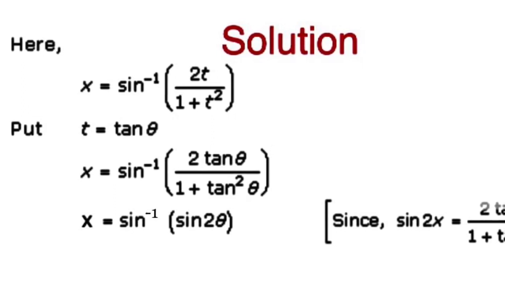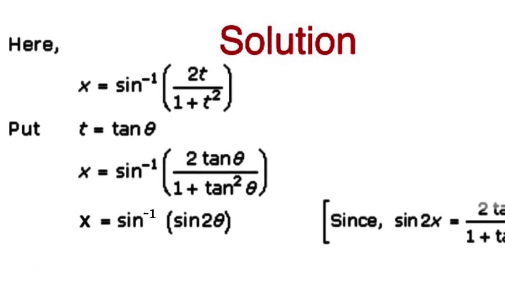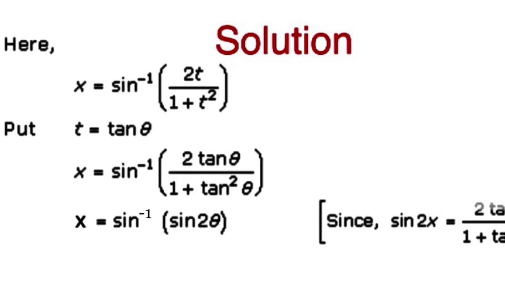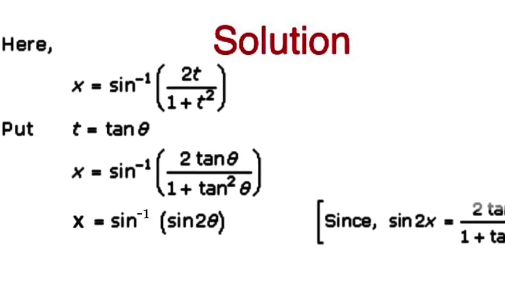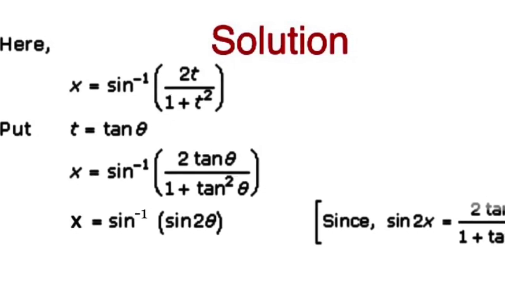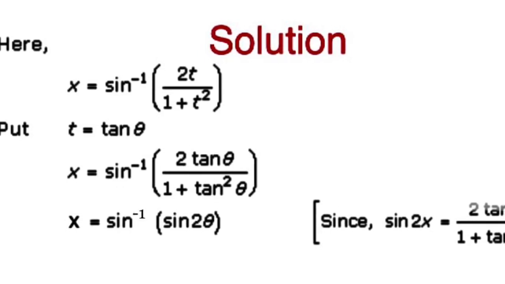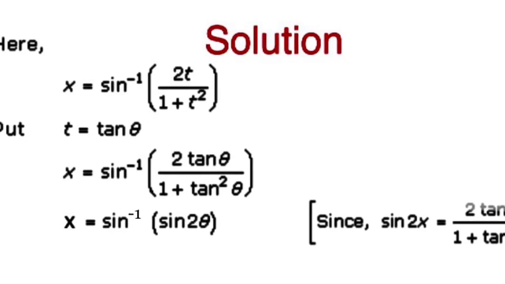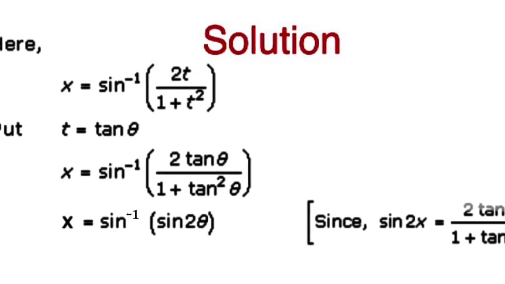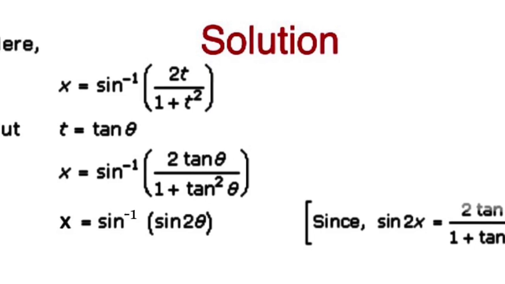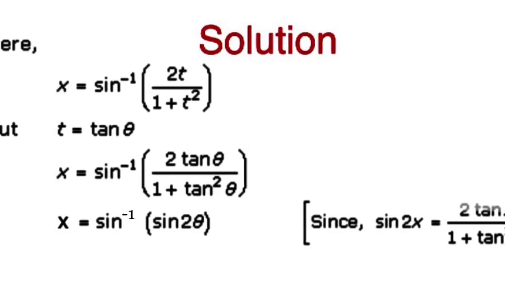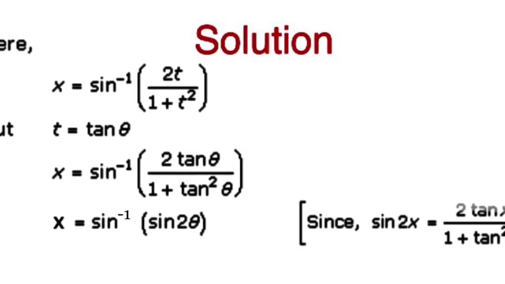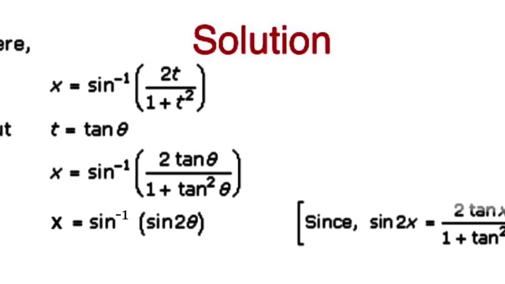So, here the value of x is sine inverse of 2t upon 1 plus t square. This type of question we have already done in inverse trigonometric functions. So, in this we are going to substitute the value of t as tan theta.